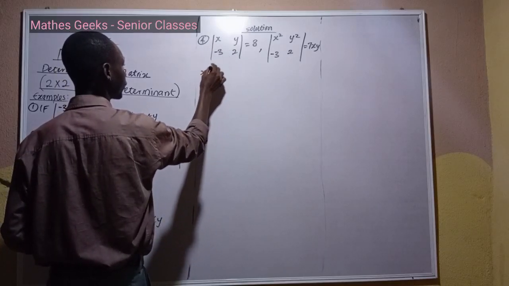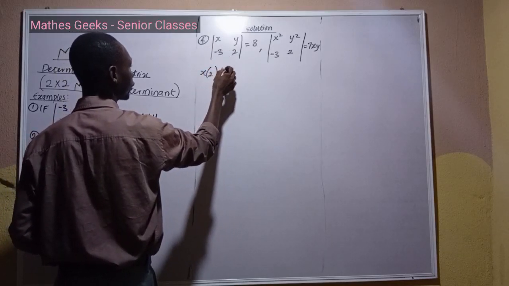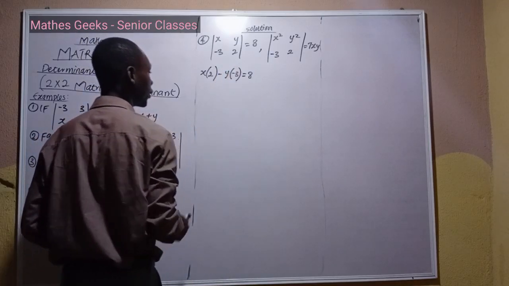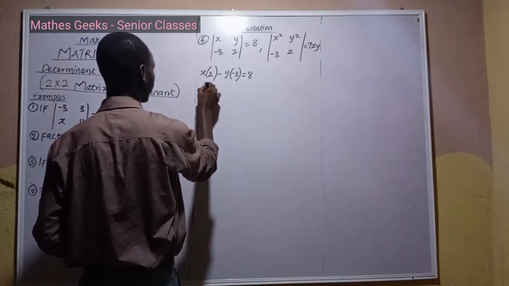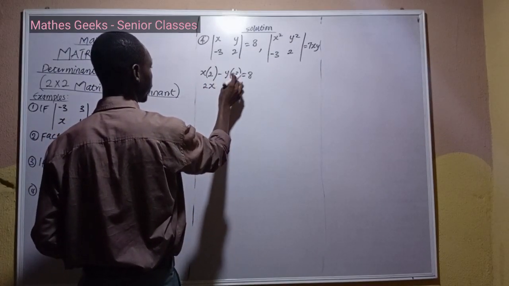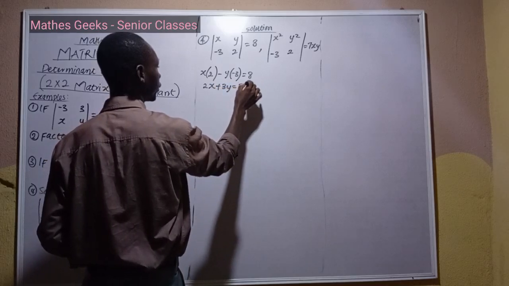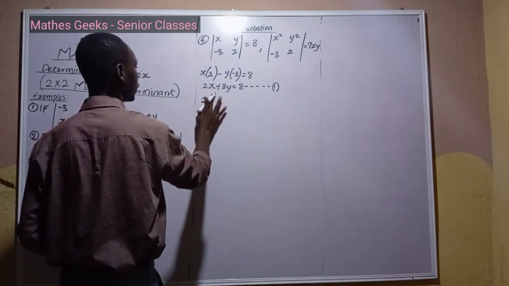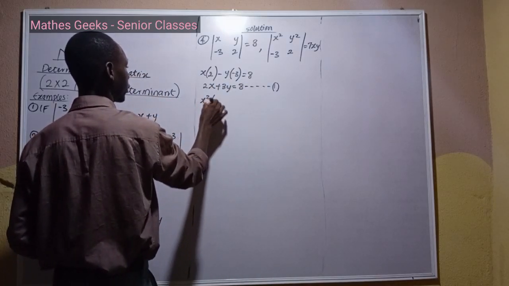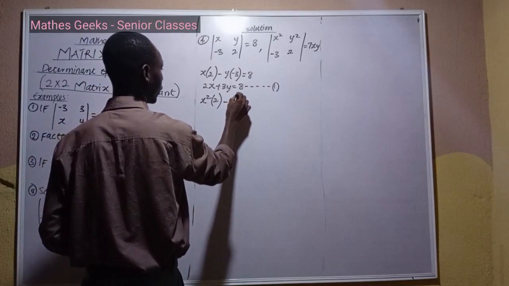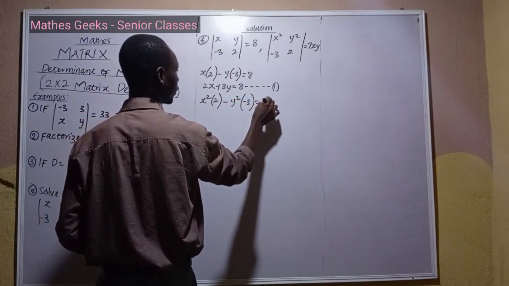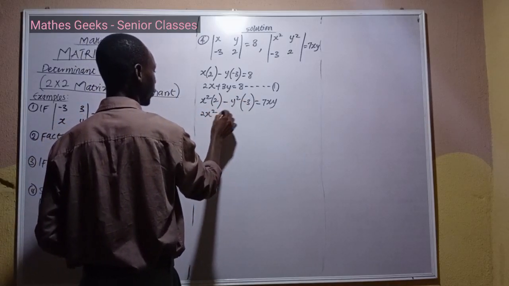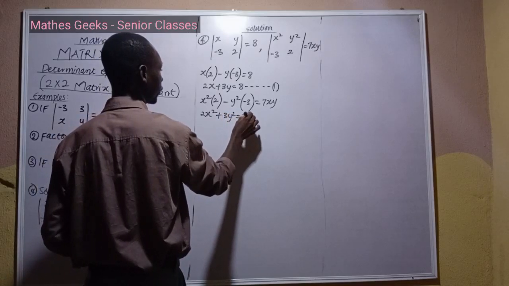Equation 1: 2x plus 3y is equals to 8. Equation 2: 2x squared plus 3y squared equals to 7xy.